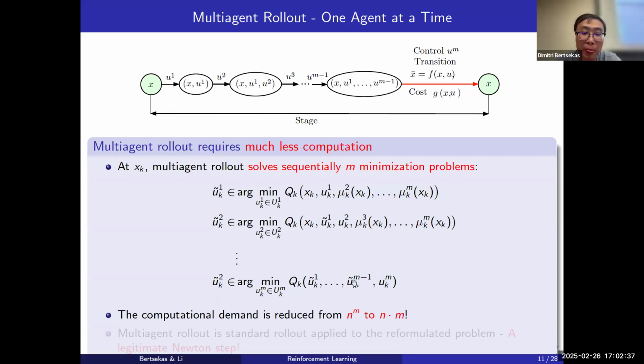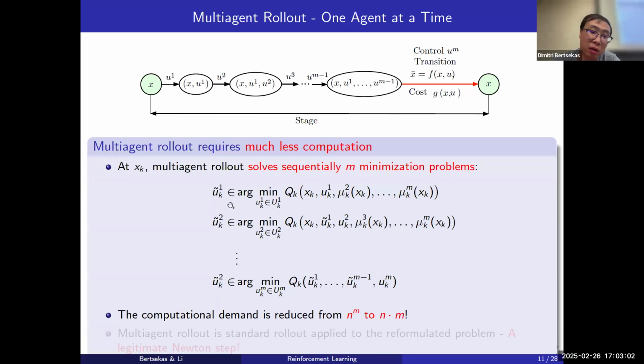As you can see, in the preceding formulation, when applying standard rollout, suppose that at each control component set we have n controls, then the number of controls we need to consider in this one-step lookahead is n to the power m.